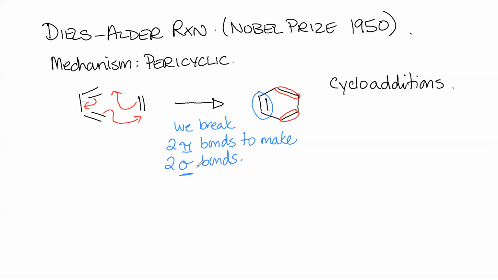Now, the 2 components of this reaction are the diene, which is what we've got here, and the other component, which we call the dienophile. This is the molecule that loves dienes.